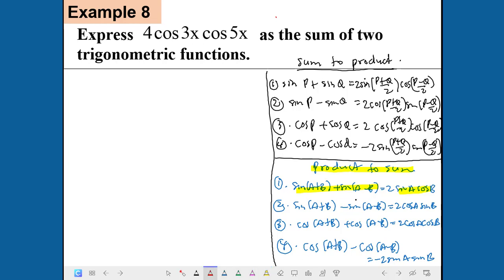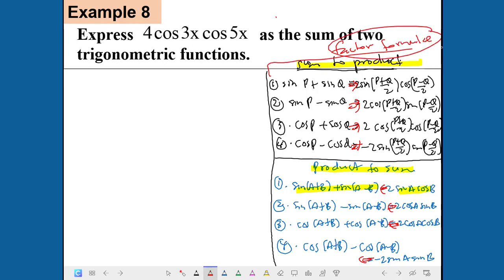Product to sum, and the other is sum to product. All of these are factor formulas, either sum to product or product to sum.